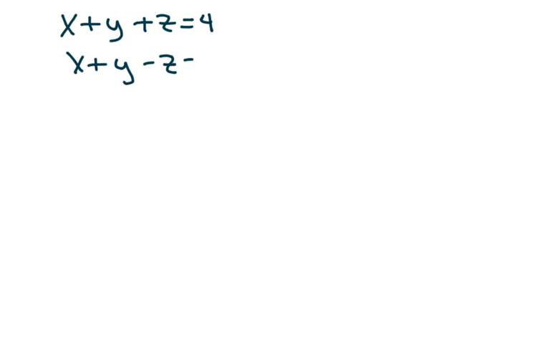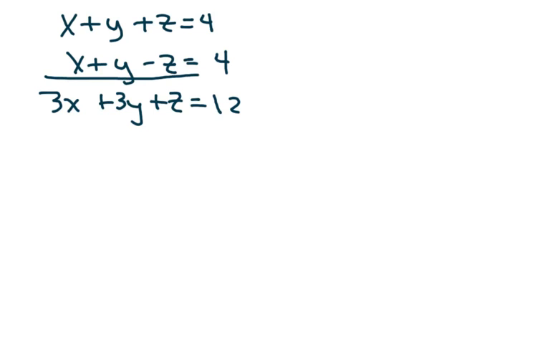Okay, the next one we have is x plus y plus z equals 4, and x plus y minus z equals 4, and then we have 3x plus 3y plus z equals 12. Now right here I can take this and add these two, because when I add these two I will eliminate my z's.